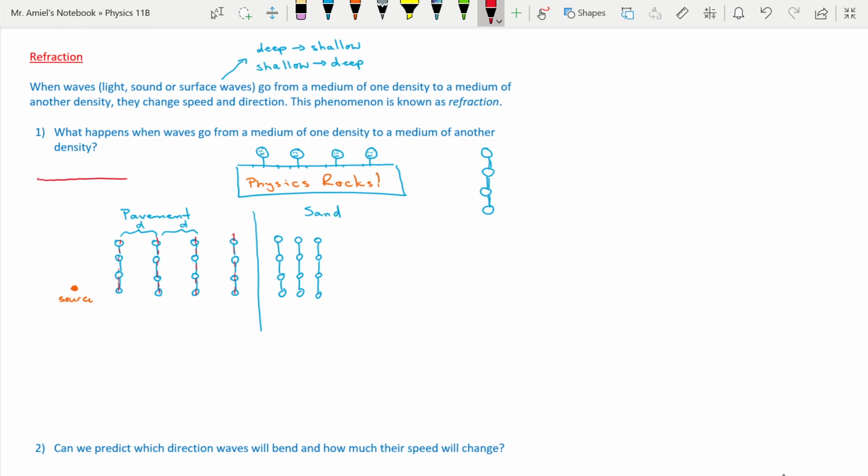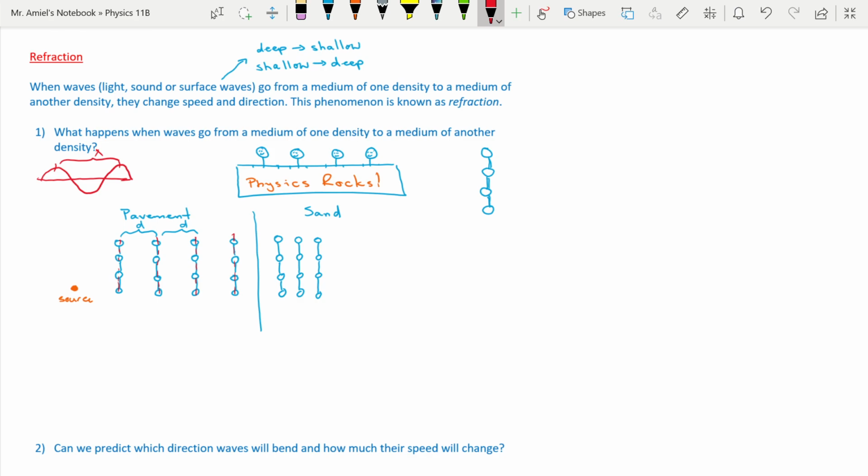So if this is our equilibrium point, we're thinking of these as our sine wave, then the tops of the heads are going to be the crest of each wave. So that means then that the distance between these guys is going to be the wavelength. Okay? So the distance between these ones is going to be the wavelength.